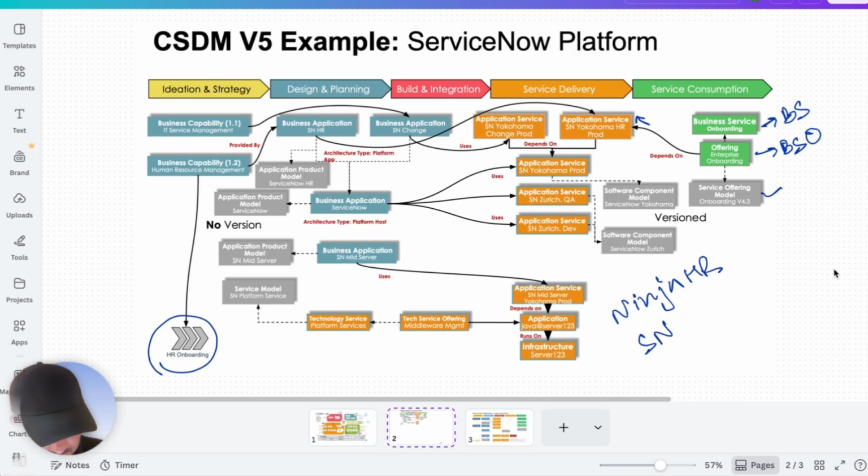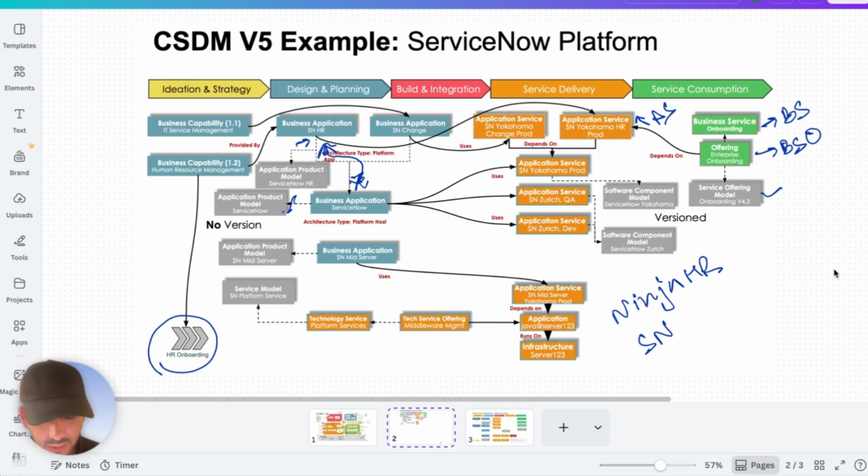So I will talk about the application service over here. This application service is actually using a business application as an HR. Your ServiceNow application, your platform app basically, is a product model as well, and has a business application called SNHR.